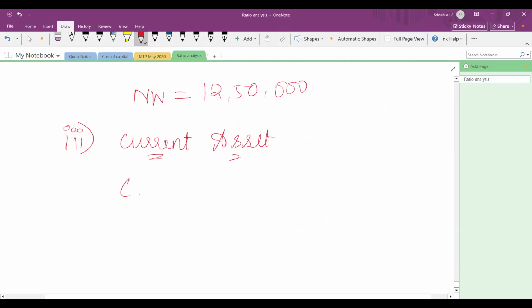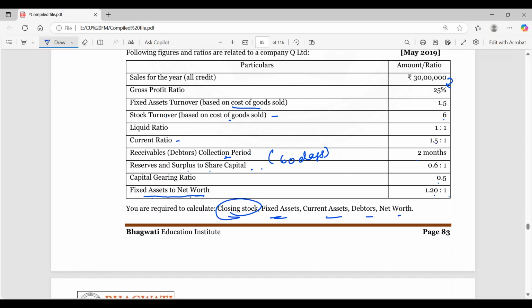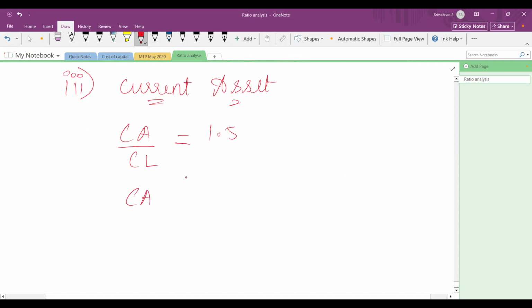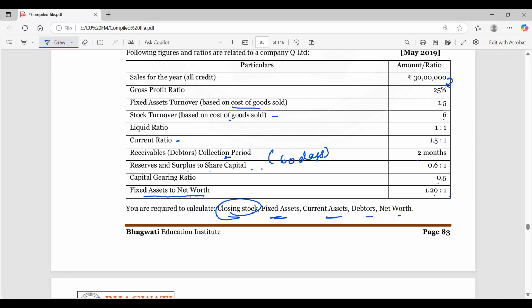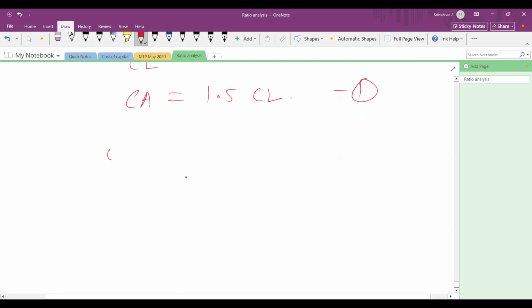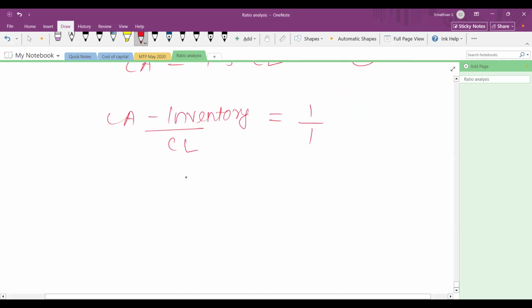So first, current asset by current liability is equal to how much? 1.5. So we can write the first equation. Current asset is equal to 1.5 times current liability. This is equation 1. Next, what do we have? Liquidity ratio. Current asset minus inventory by current liability is equal to 1 by 1.